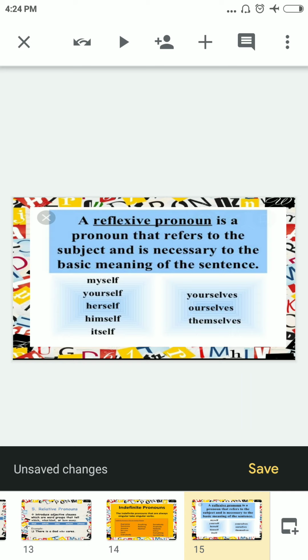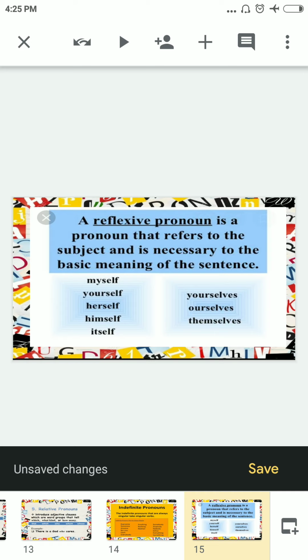Myself, yourself, herself, himself, and itself are used as singular whenever we are using them with a singular person or singular things. If we are using them with plural persons or plural things, then we use reflexive pronouns like yourselves, ourselves, and themselves. Okay, I am giving you one example and you will understand by yourself what a reflexive pronoun is.